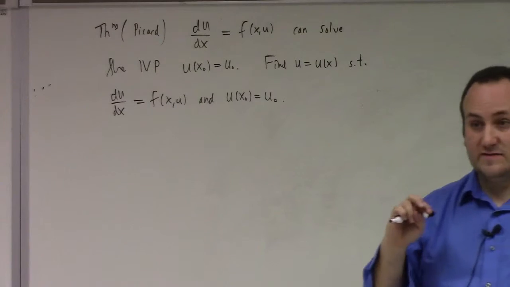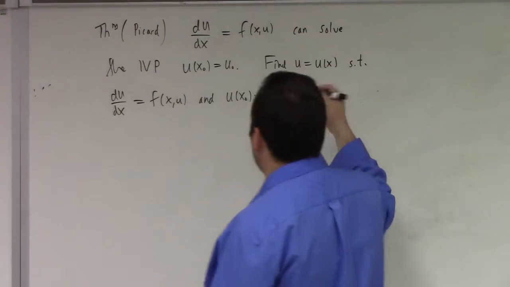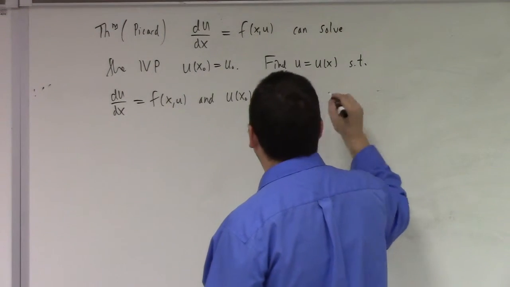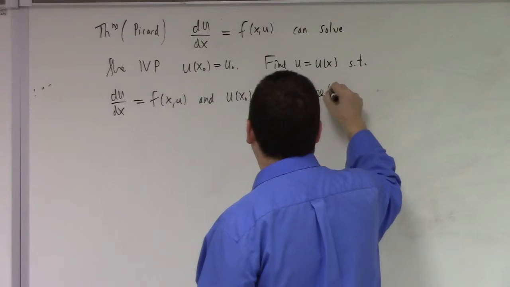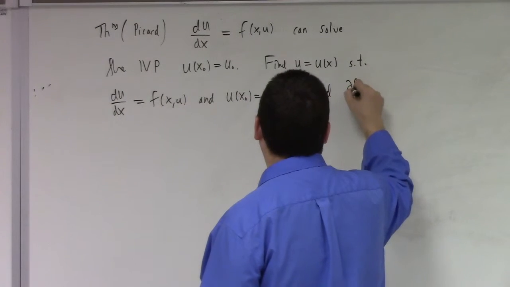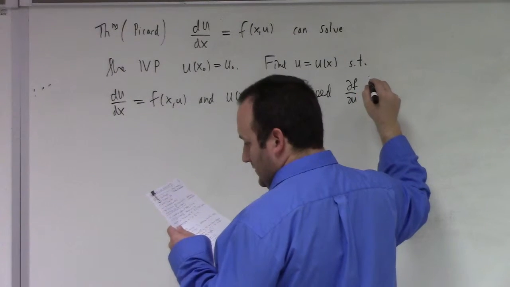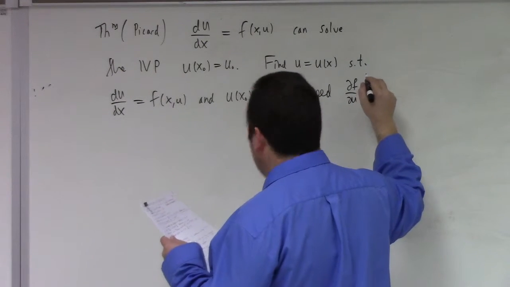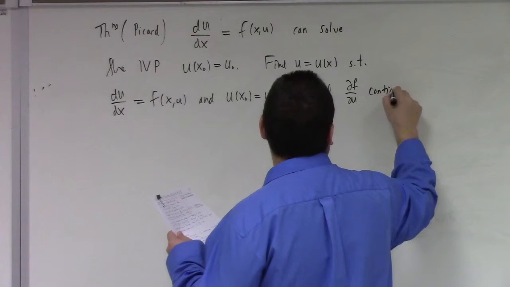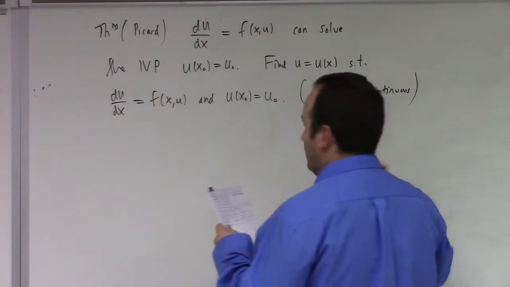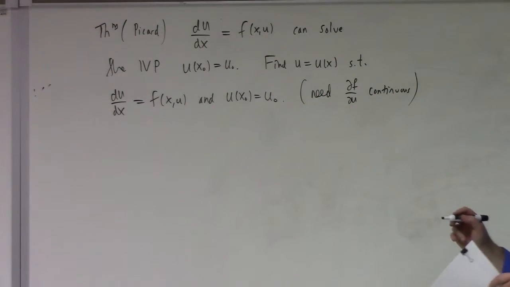Now, the condition that's needed, what's the condition? I mean, Picard's theorem doesn't come for free. You need that partial f partial u is continuous. Maybe you talked about this in differential equations this semester, did you? Do you recognize it?